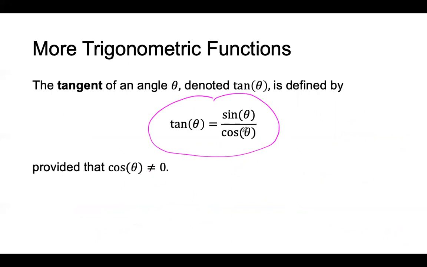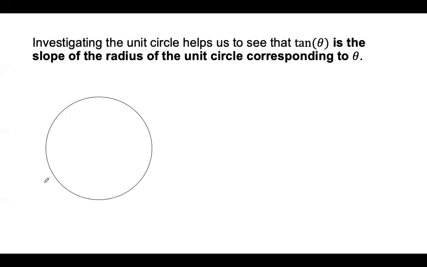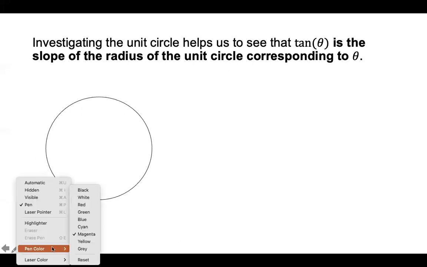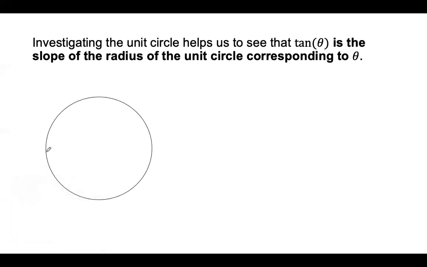Of course, the cosine cannot equal 0, because denominators cannot equal 0. So let's investigate this a little bit further and understand what tan means.